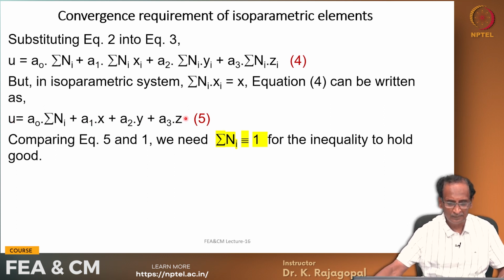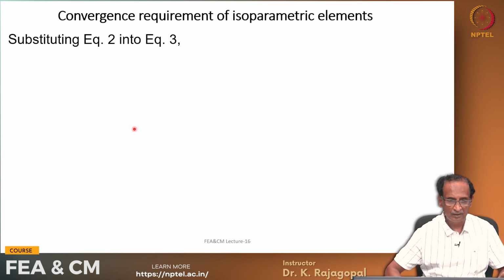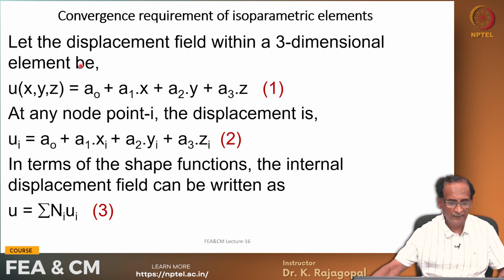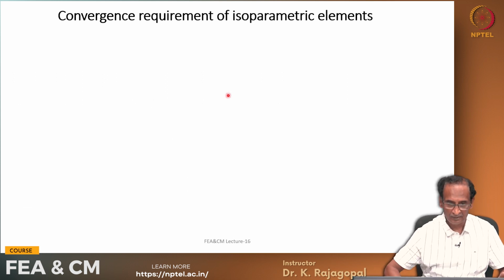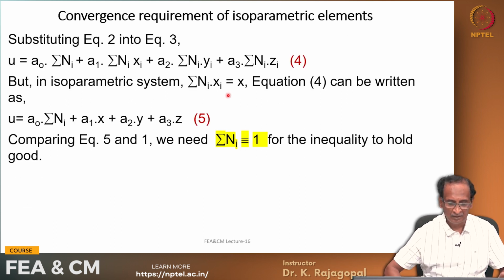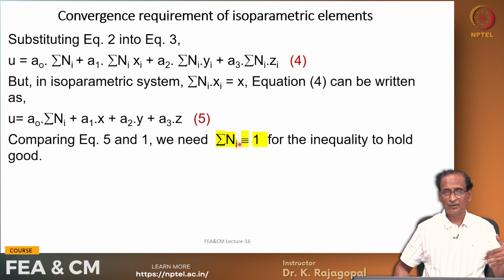If you compare this equation 5 with equation 1, in equation 1 we had u as A0 plus A1x plus A2y plus A3z. If you compare both of these equations, we have only sigma of Ni as an additional term, and that should be equal to 1 for equation 5 to be equal to equation 1, because both are referring to the same displacement.